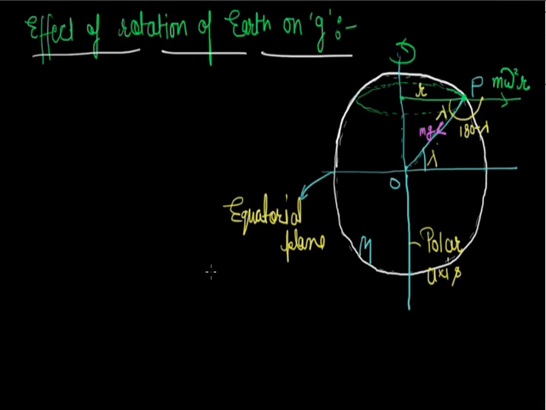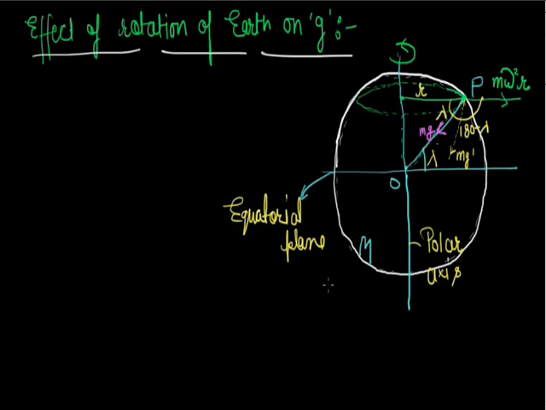So now we can calculate the net acceleration due to gravity at point P, which will be mg dash. We can draw a direction of this net resultant of mg and m omega square r. Suppose it is mg dash, and we want to calculate this mg dash.